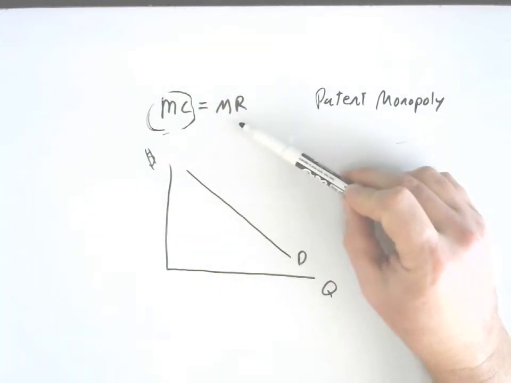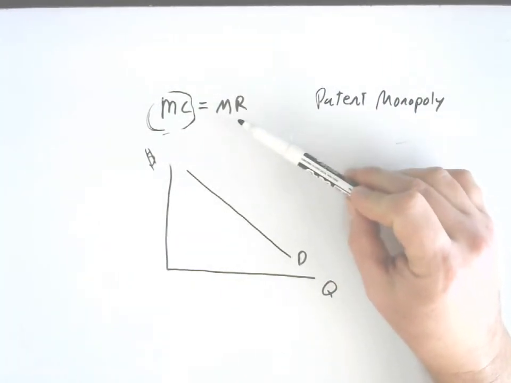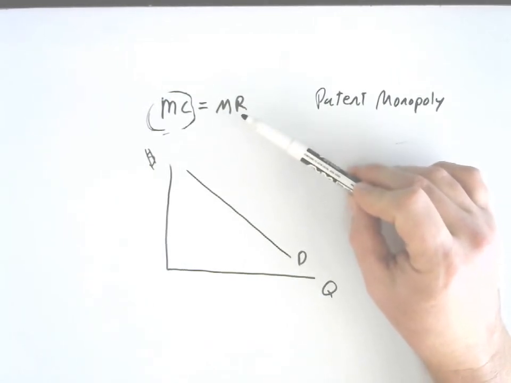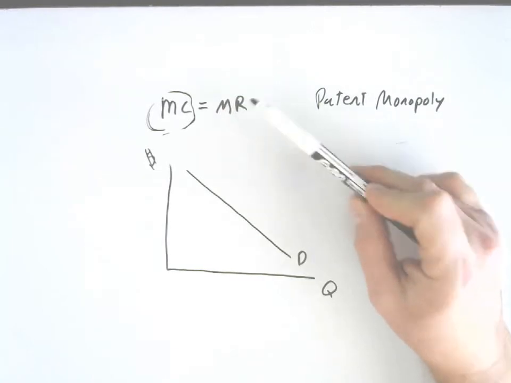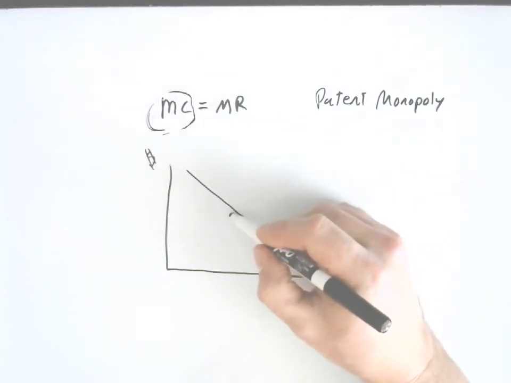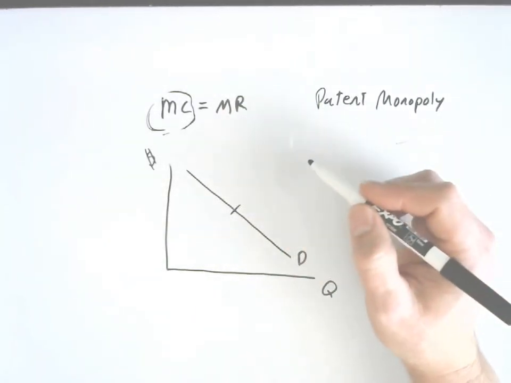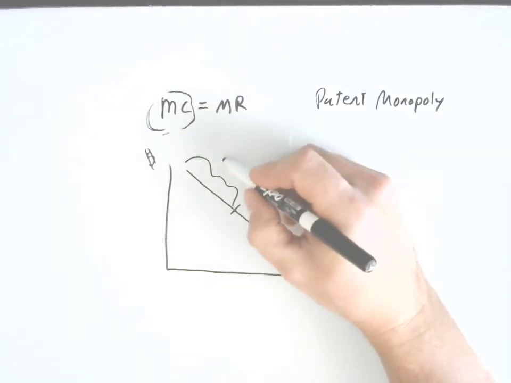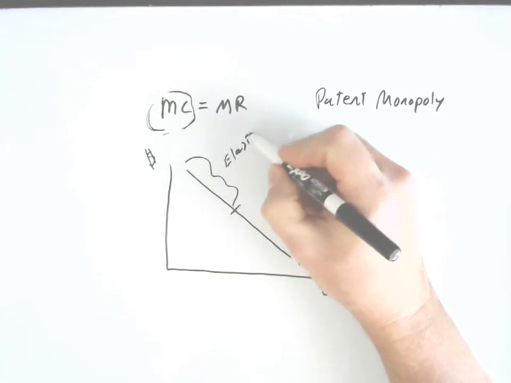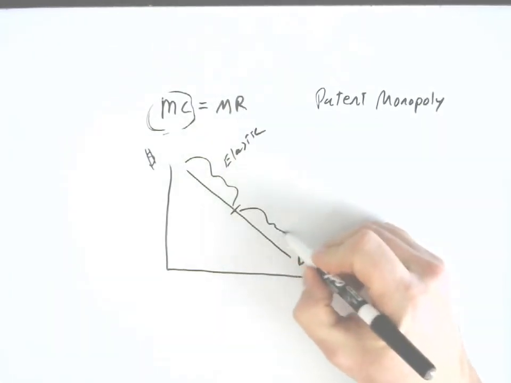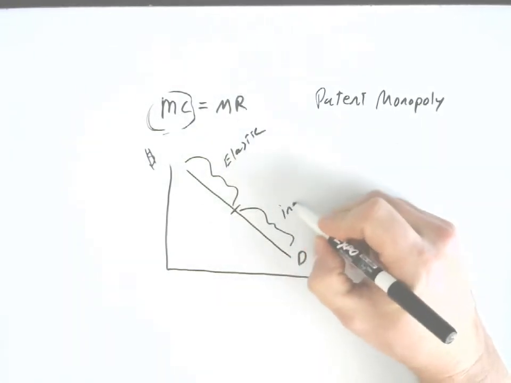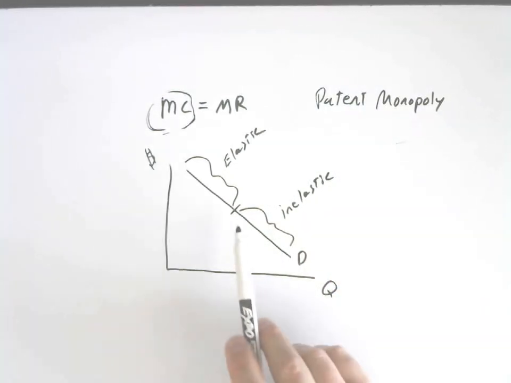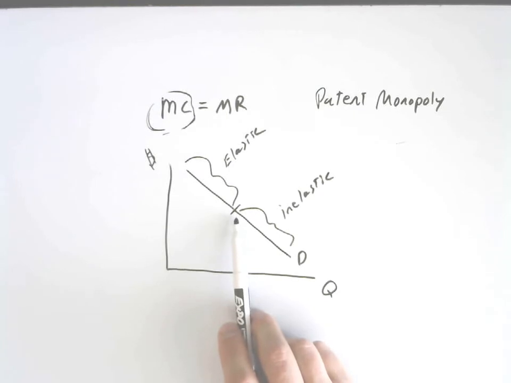Well, if marginal revenue is the change in total revenue from the production and sale of one extra unit, we know where total revenue is maximized. Total revenue is maximized at the midpoint of the demand curve. Remember this? Above that, demand was elastic, and below that, demand was inelastic. At that point, total revenue is maximized.